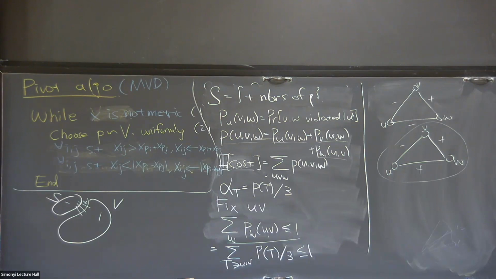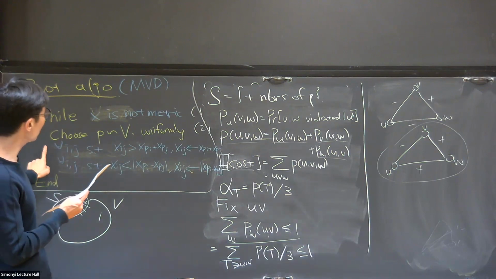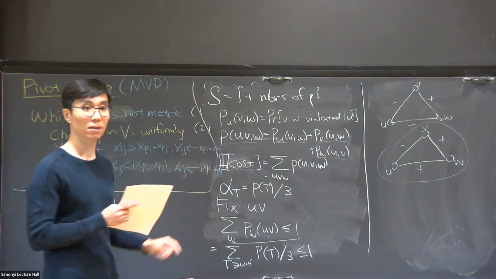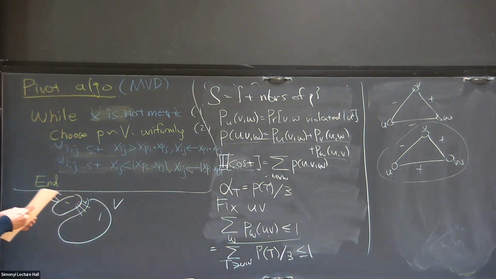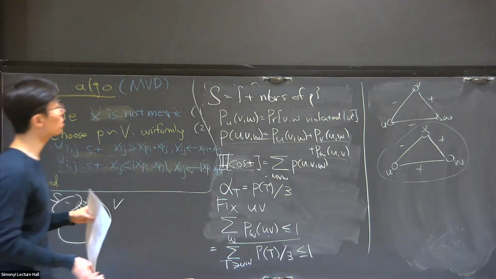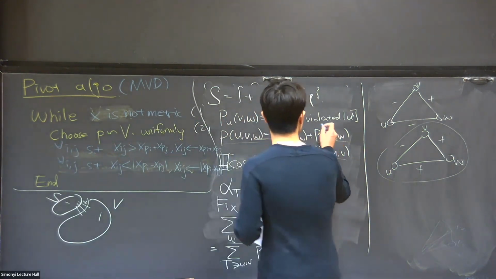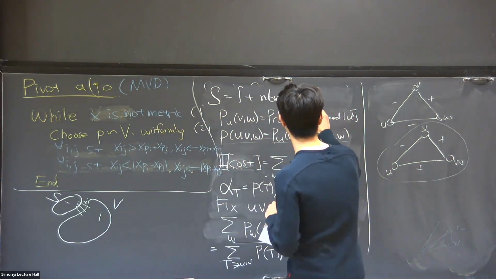So that's one thing. Then we know that this algorithm will terminate and give you some feasible solution. That's for sure. In order to analyze it, we are basically following the same framework. This finally becomes modified.